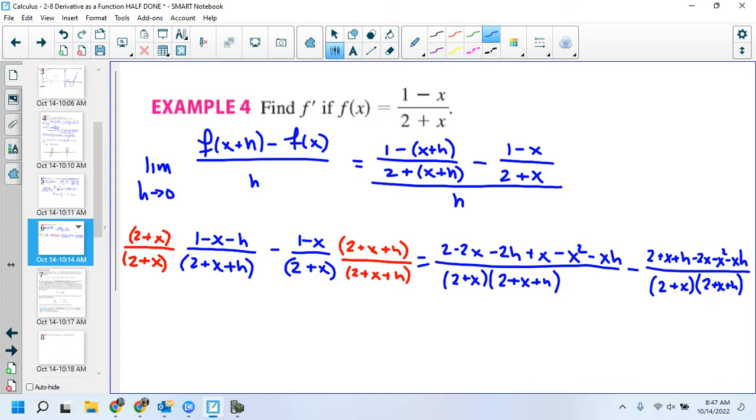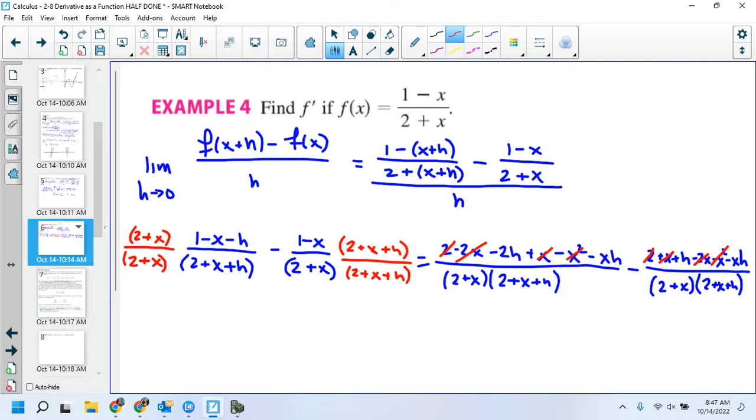Okay, I'm going to subtract these two numerators, right? Okay, so I'm going to take a 2 minus 2. I'm going to take a negative 2x and a negative 2x. I'm going to take a positive x and a negative x. I'm going to take a negative x squared and a negative x squared. And again, I'm using the same signs here because of this minus sign in between that, right?